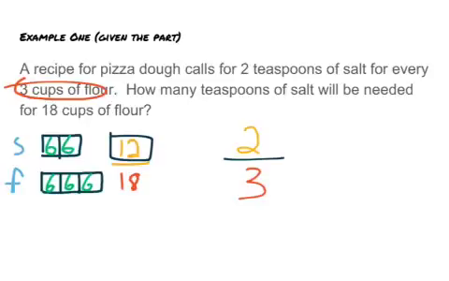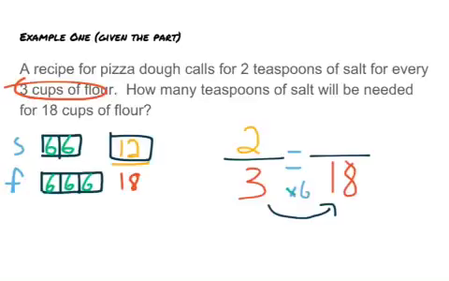So if we're going to use 18 cups of flour, and we want to keep this ratio equal so that the pizza dough turns out the same way, what we can do is just try to identify this relationship here, this multiplicative relationship. If we go from 3 to 18, what we're doing is multiplying times 6.